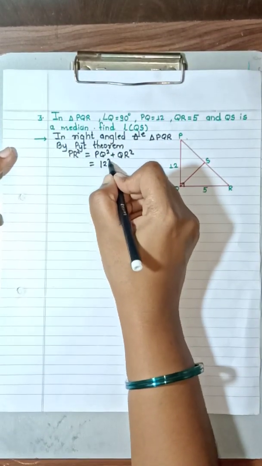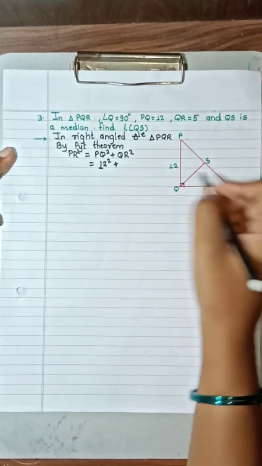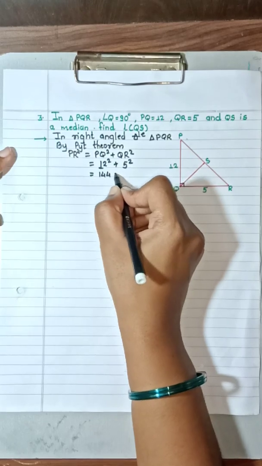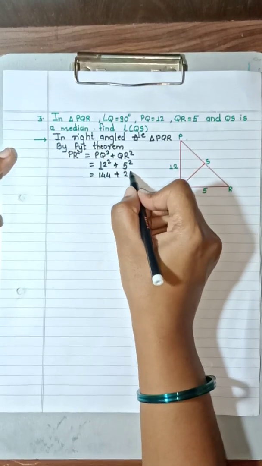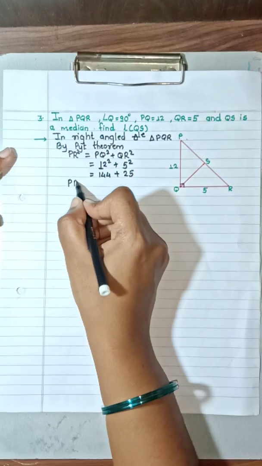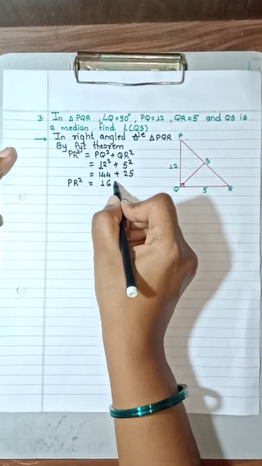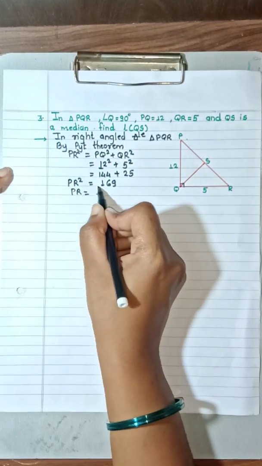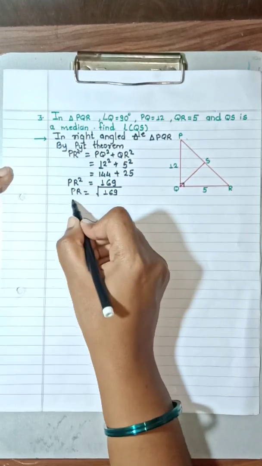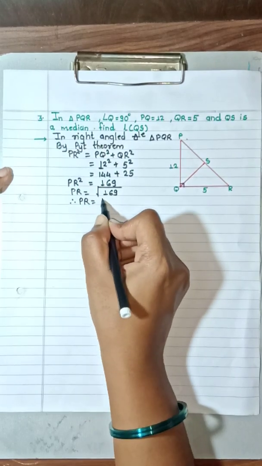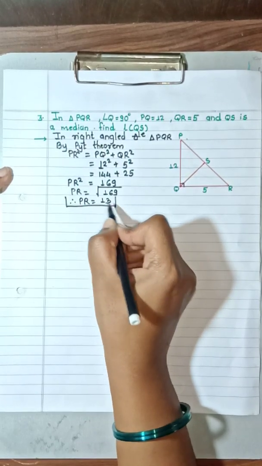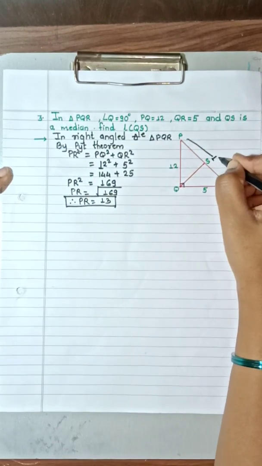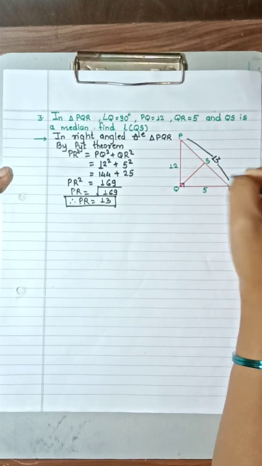PQ is 12, so 12 square plus QR is 5, that means 5 square. 12 square is 144 plus 5 square is 25. So PR square will be 169. So PR is equal to under root of 169. Therefore PR will be 13. So you got the length of the hypotenuse, that is 13.